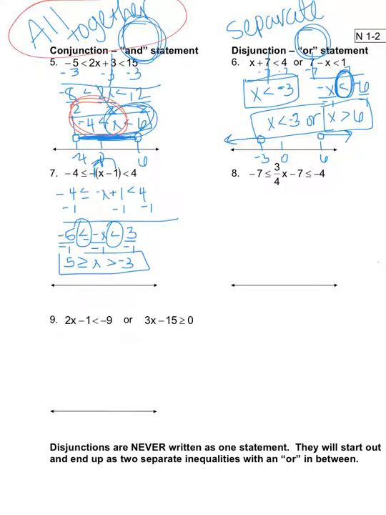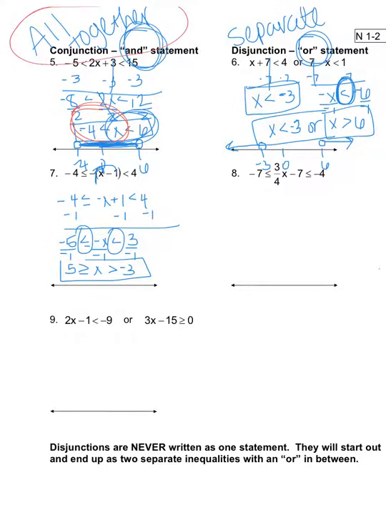So we have a 0, and we have a -3, and we have a +5. Okay, so notice it says that x is greater than -3.